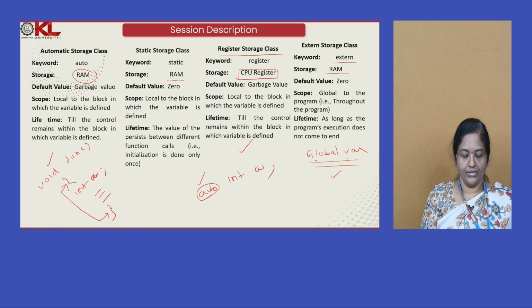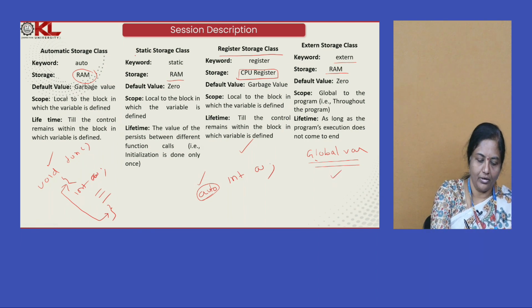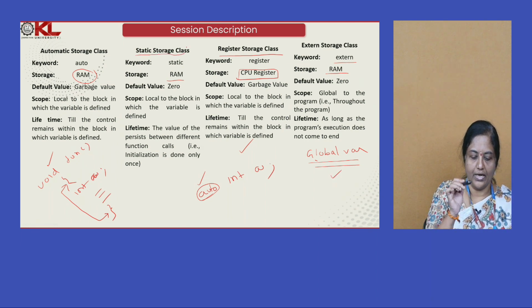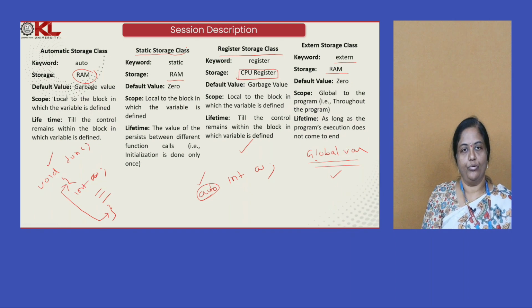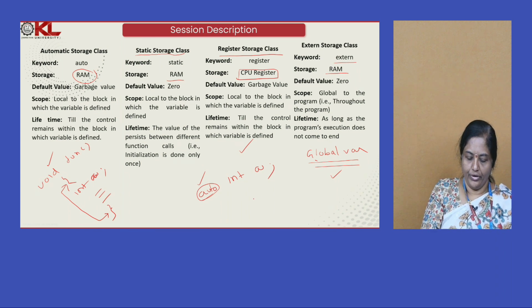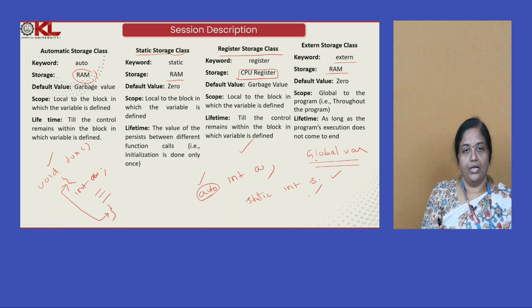Yes, and the next and very important one is the static storage class. They are very beautiful. If you declare a static variable, static int s, the initialization will be done only once, that is 0.